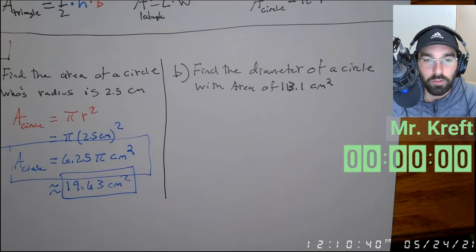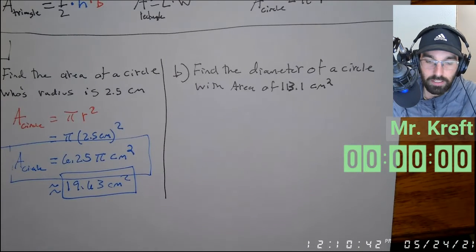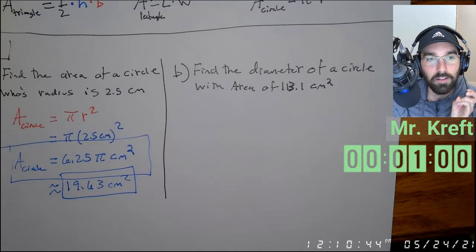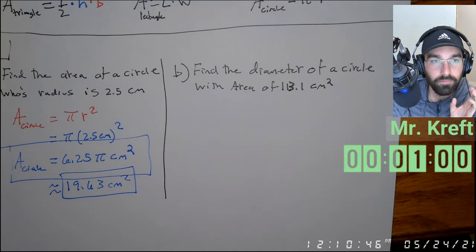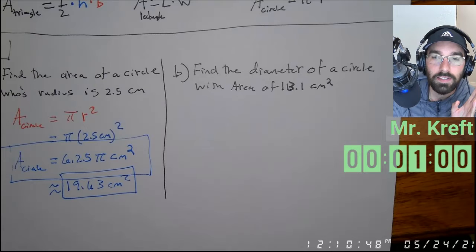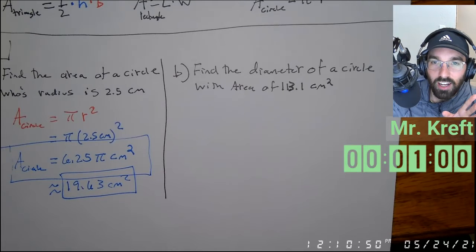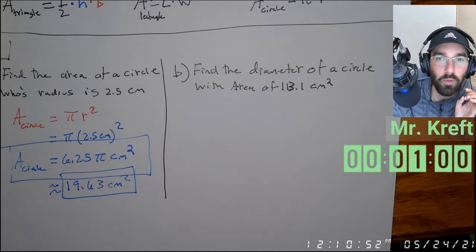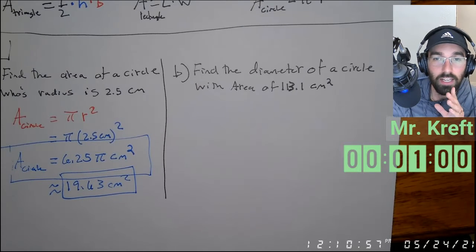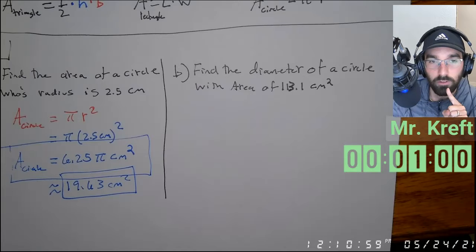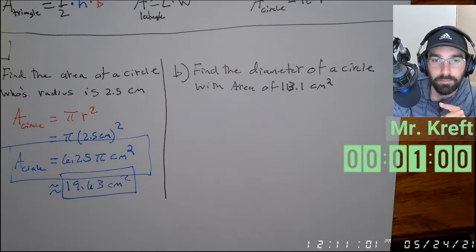This one's going to be a little bit more difficult, so I will give you a full minute to do this. Again, we're going to find the diameter of a circle given that the area is 113.1 centimeters squared. We're going to have to work backwards, and when working backwards, that means we're going to have to do a little bit of algebra.